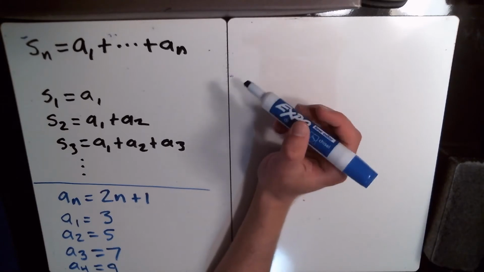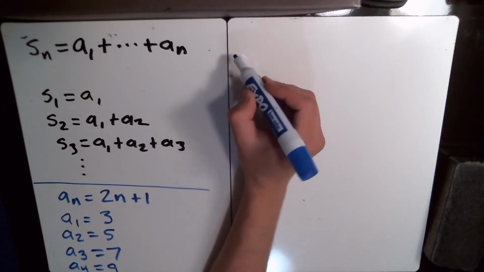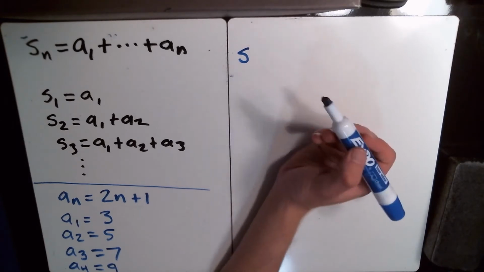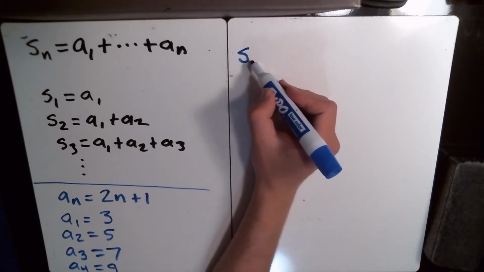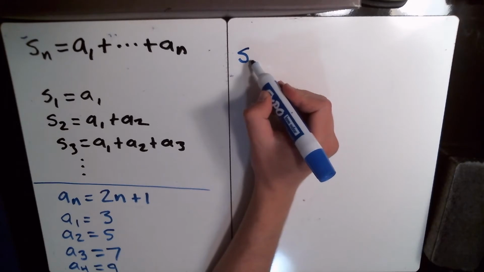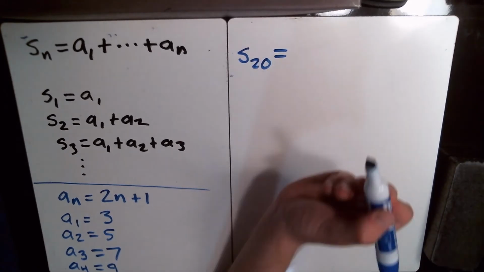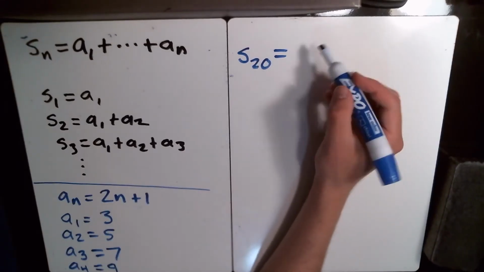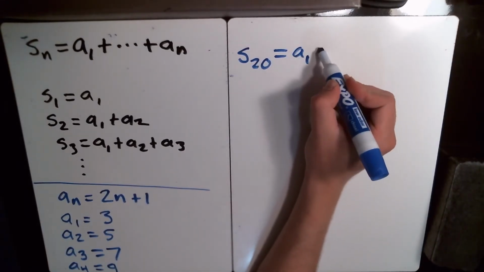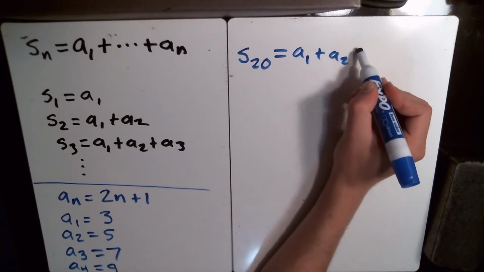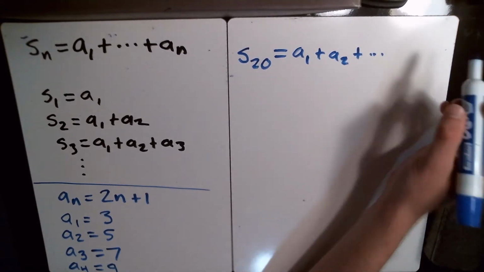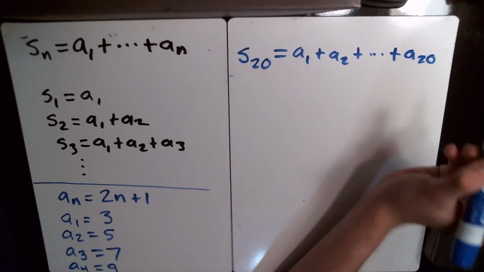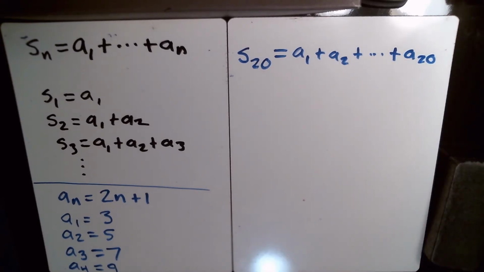We'll make it a big number though. Let's see, like S sub n, we'll throw in S sub 20, okay? So S sub 20 means that I'm going to be adding up the first 20 terms of my sequence, right? So all the way to A20. That's what that means, right?